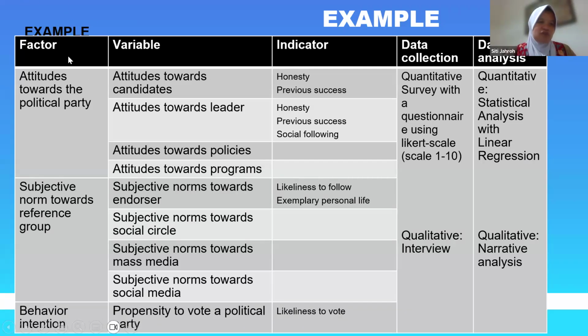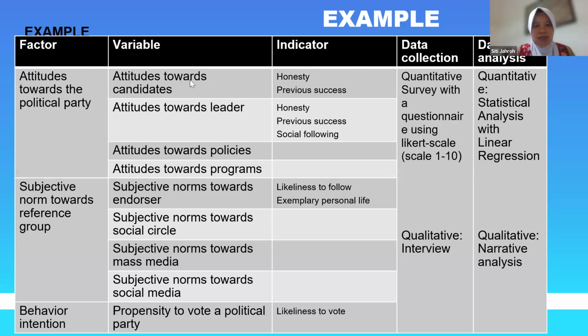For the factor, for example, attitudes toward the political party, the next one, subjective norms toward reference group, or behavioral intention. What are the variables?